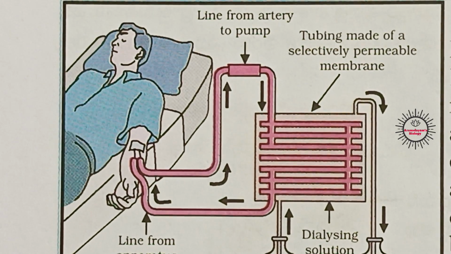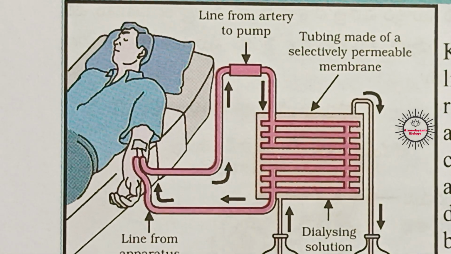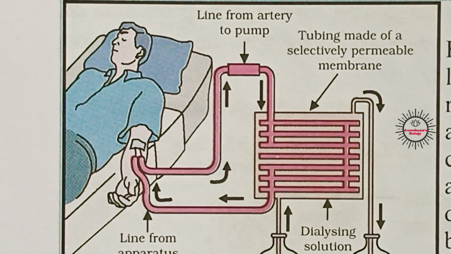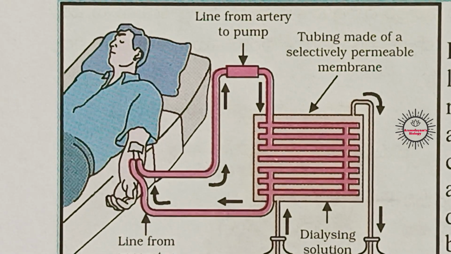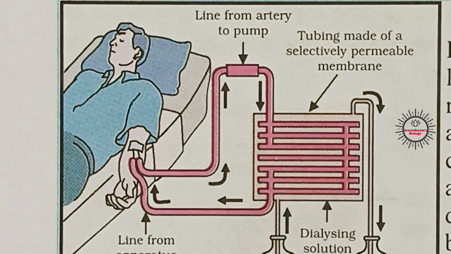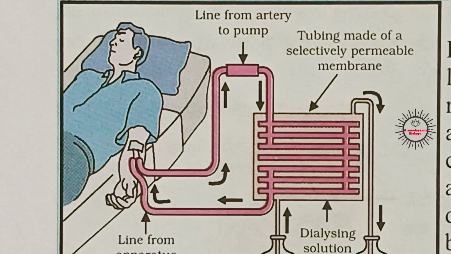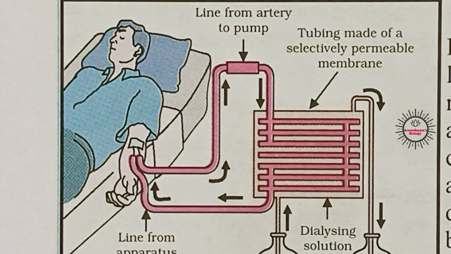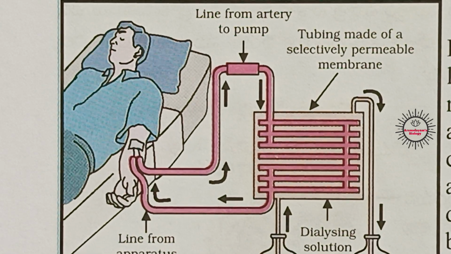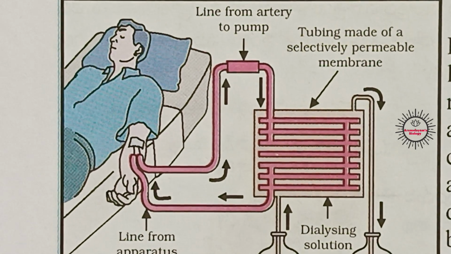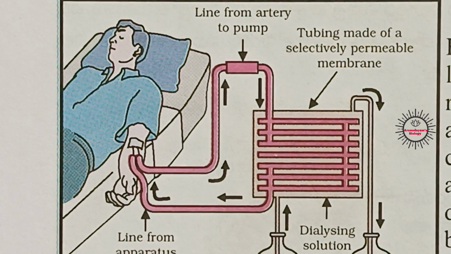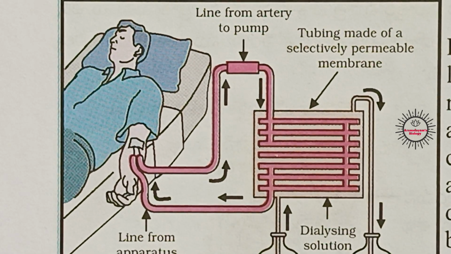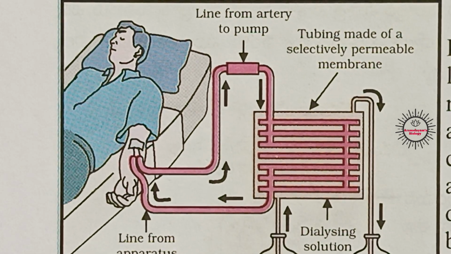Kidneys are considered vital organs for our survival. Vital means important and necessary. Because of some factors, the activity of these kidneys becomes reduced, like infections to kidneys, injuries, restricted blood flow to kidneys, high BP, diabetes.